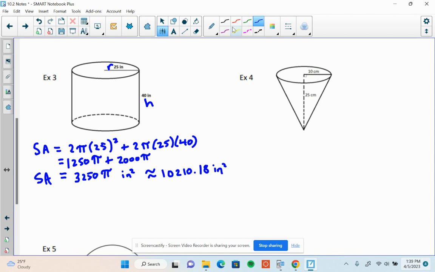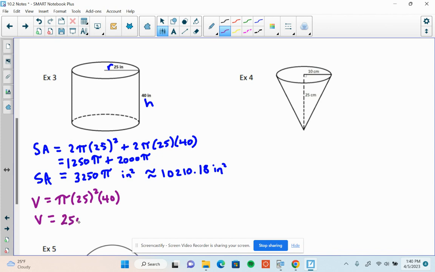So V for volume. I'll change colors here because I'm getting tired of the blue. Volume is going to be pi r squared. R is 25. So there's my pi r squared, and then I have to multiply by h, which is my 40. And I'm going to come up with 25 squared times 40. That's big. That's 25,000.